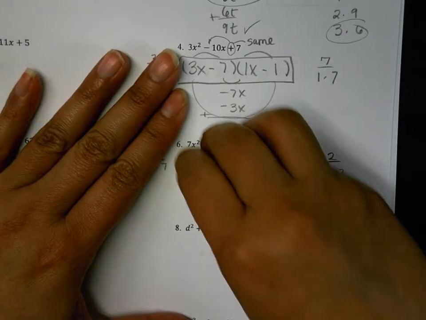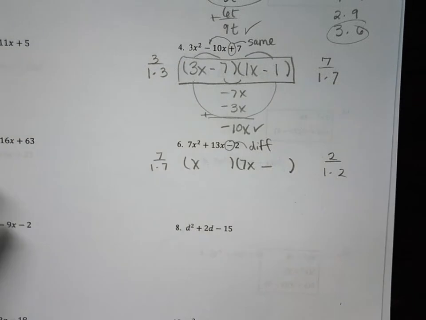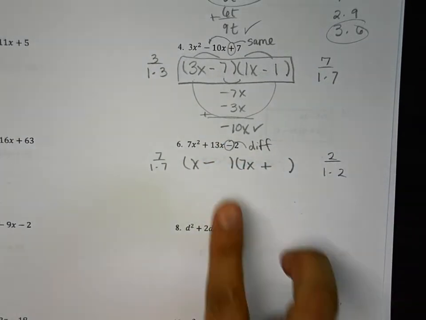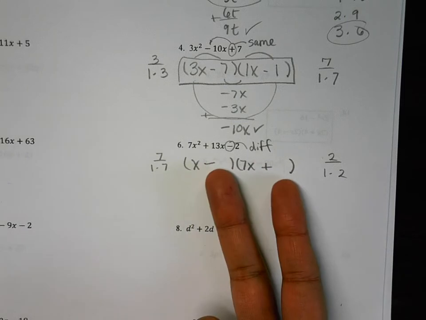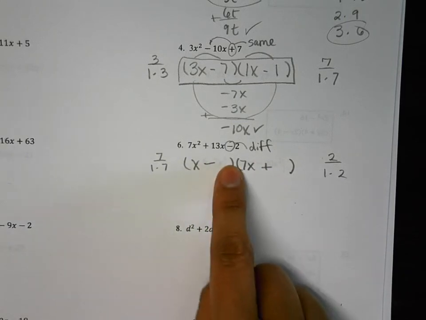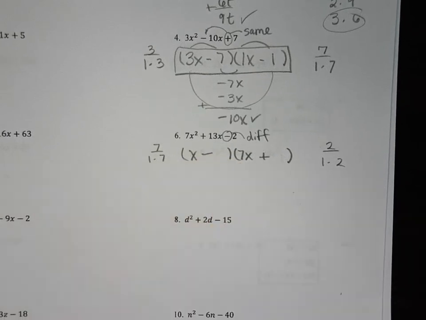I do not know if I have it in the right spot. Actually, I'm going to make it minus plus. You're going to check 1, 2, 2, 1. Again, I'm thinking right now 2 times 7 is 14, so that's kind of going to guide me on where to put the 2. Go ahead and figure it out. 1, 2 or 2, 1?